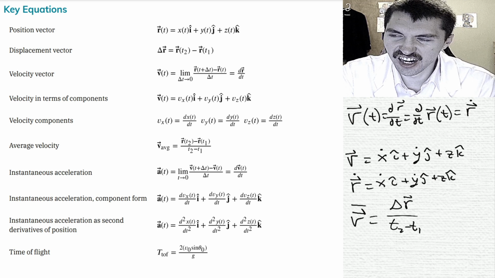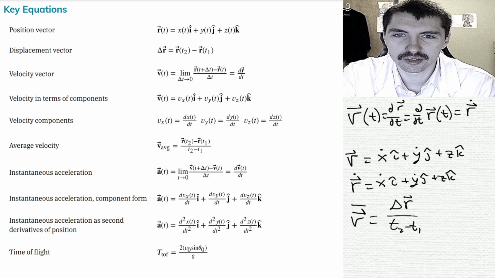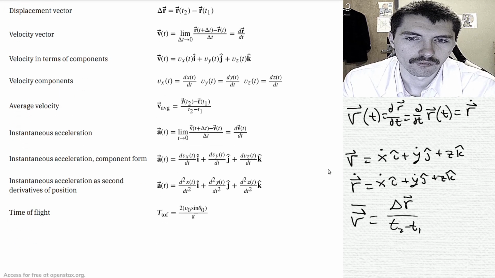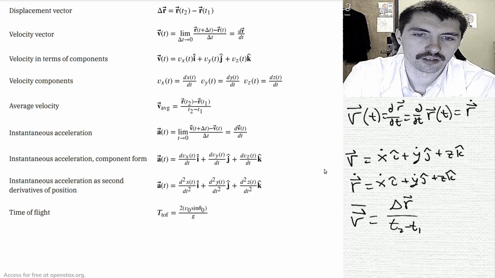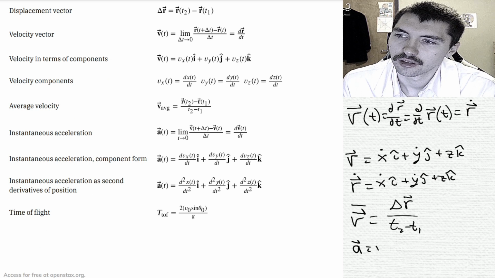Average velocity is the displacement divided by the difference in time. Same with the A. That's your derivative of the velocity.